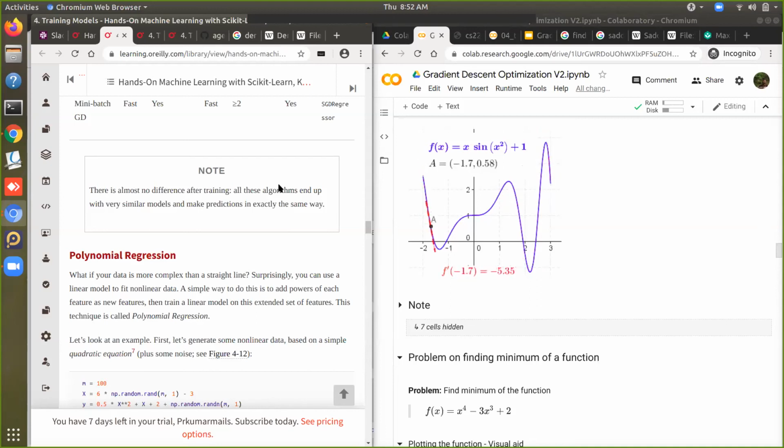So that's the one catch we have: though initialization is random, it should not be zeros. And in deep learning techniques, we will be learning the initialization steps as we go forward.